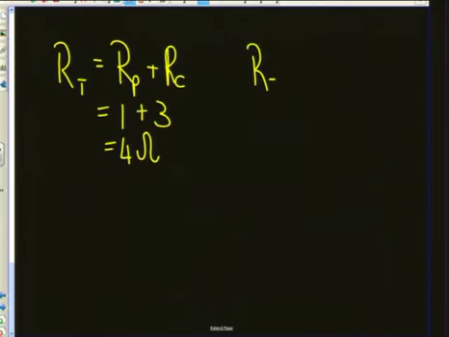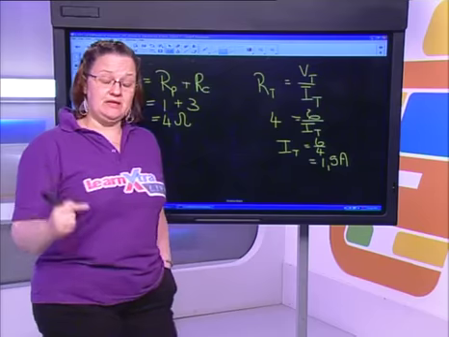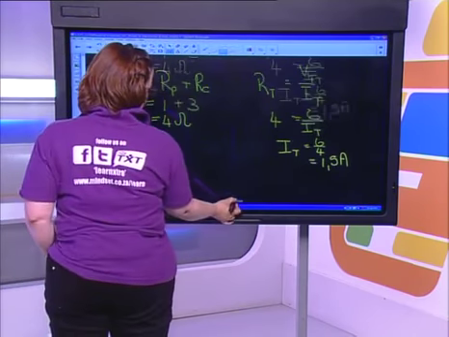I'm going to work out total current. So this is 4 ohms. My total voltage was 6. So my total current is 6 divided by 4, which makes it 1.5 amps.